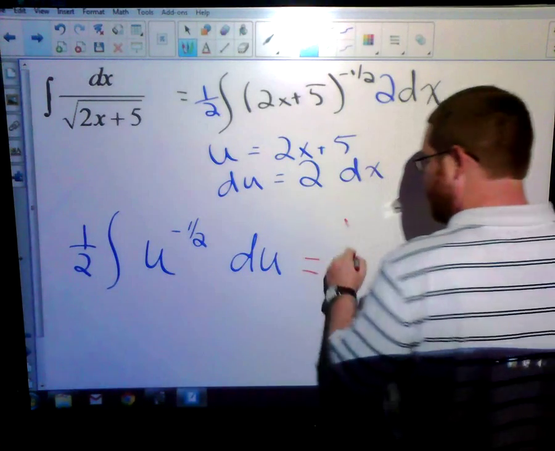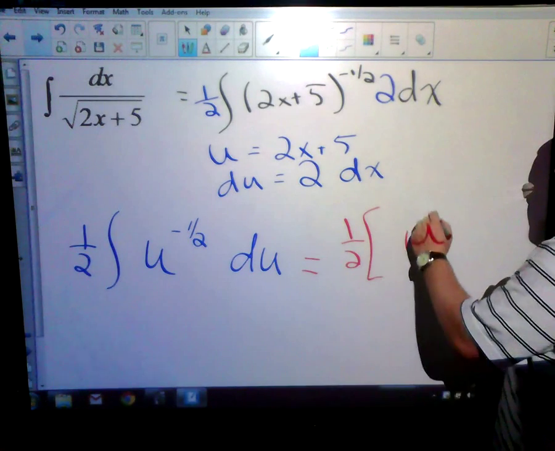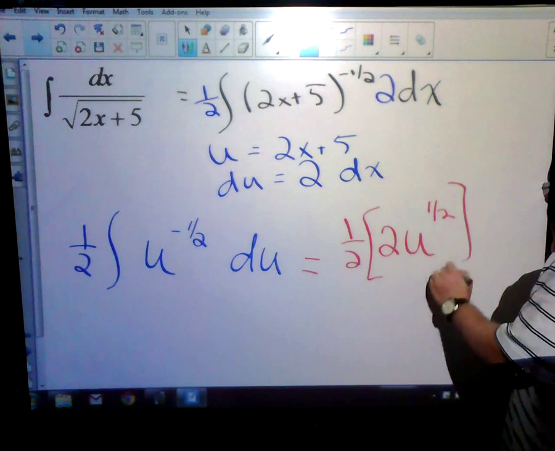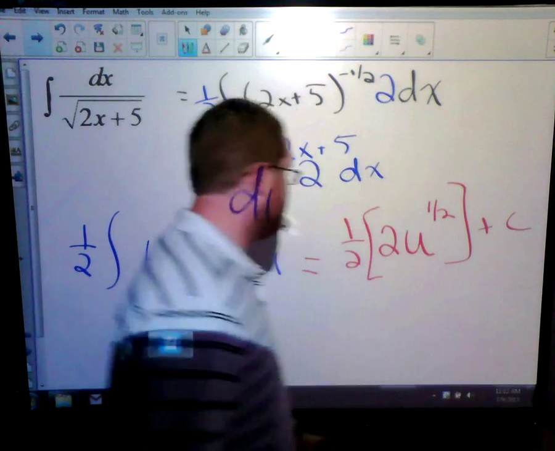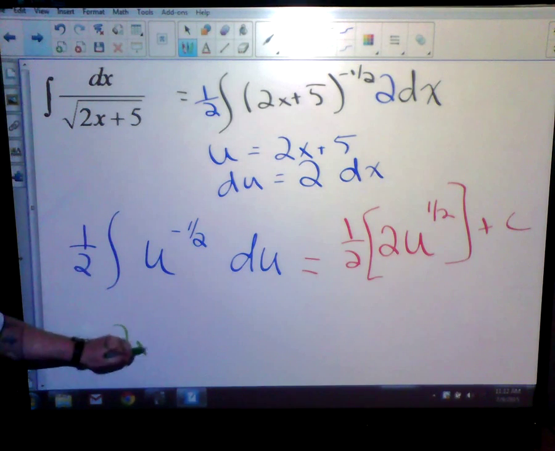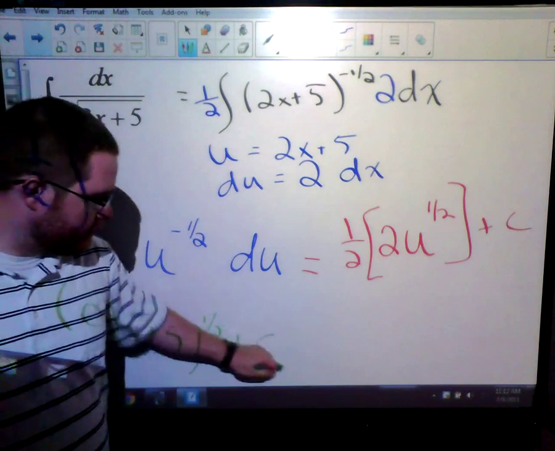That is 1/2 times, if you add 1, you get u to the positive 1/2. Flip it, put it in front, you get a 2, plus c. Multiply in and turn back: the 2 and the 1/2 cancel, so I get u to the 1/2, which is (2x plus 5) to the 1/2 plus c.